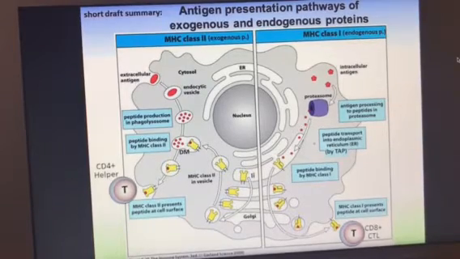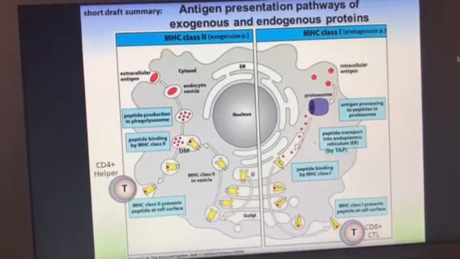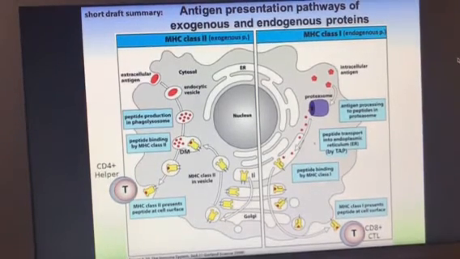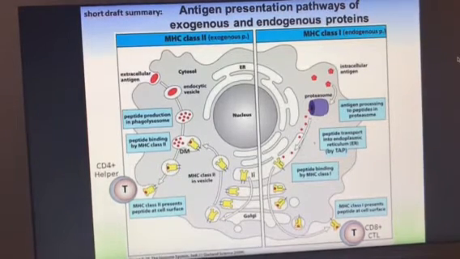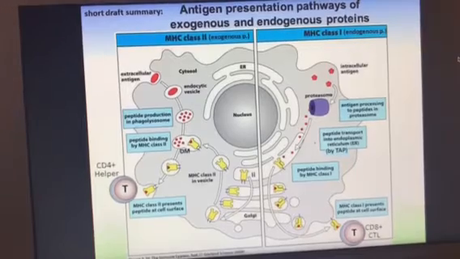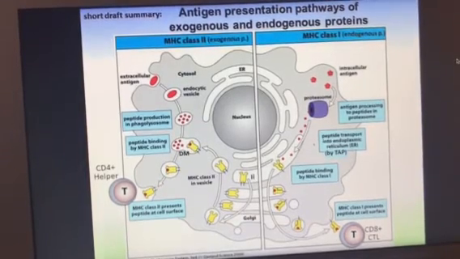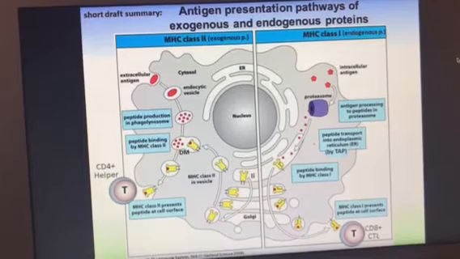So going to endogenous, and I didn't say that exogenous pathways use MHC class 2, and endogenous is MHC class 1. So endogenous antigens occur within the cell because of the normal cell metabolisms, or intracellular bacteria or viral infection.